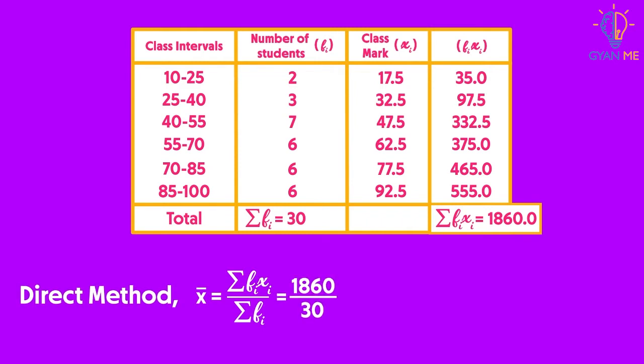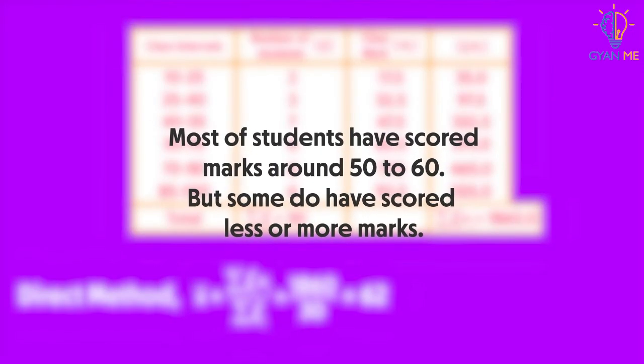So we get 1680 upon 30, which is equal to 62. Thus, mean of the given data is 62, which means most of the students have scored marks somewhere between 50 to 60, but some students must have scored less than 50 or more than 60 as well.